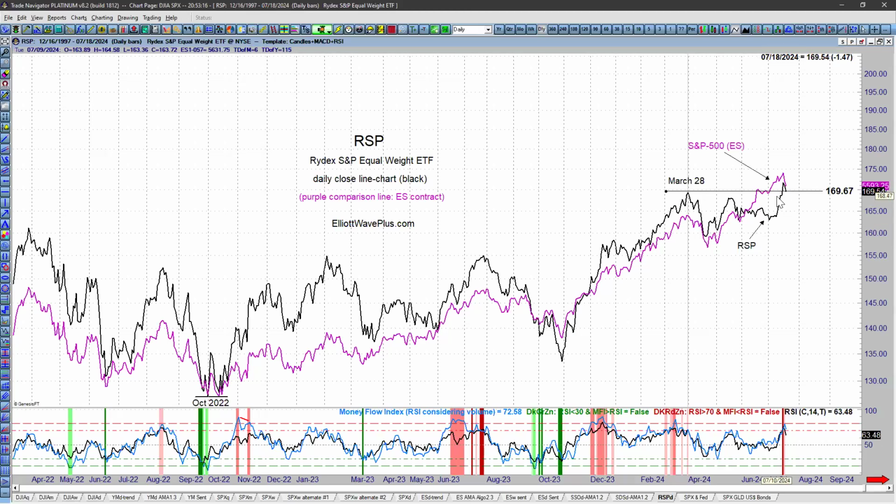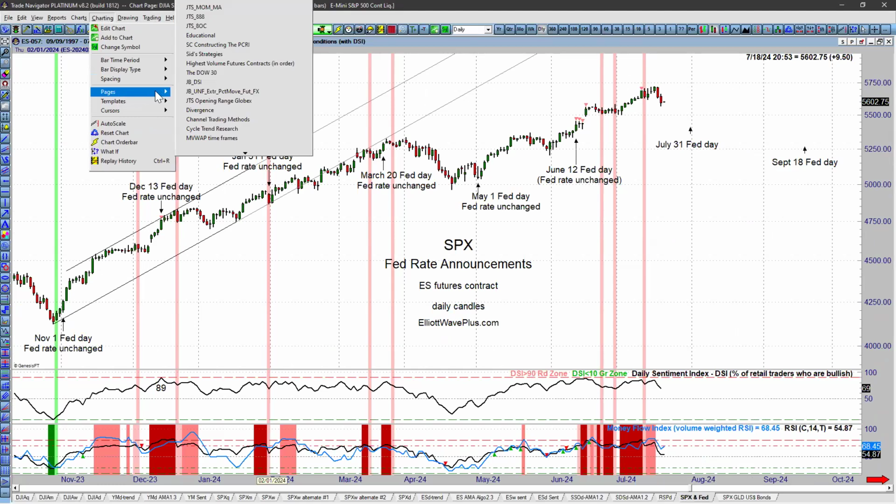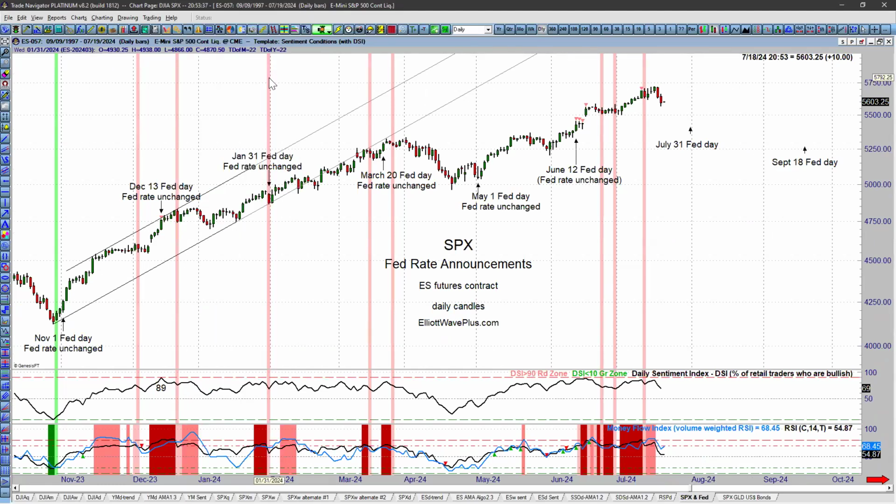So we're going to go on to the NASDAQ and the Russell next, as if I was in a weekend webinar. There's the next Fed days, by the way, that's coming up. So now into the NASDAQ and Russell.